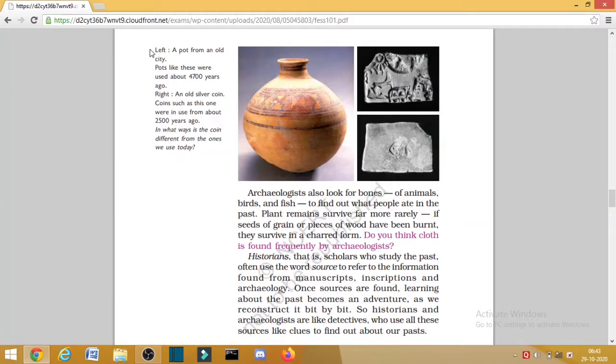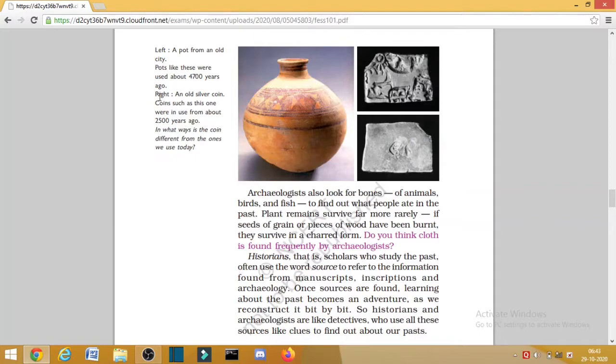Here, above this page, we find two pictures. First, on the left side, a port from an old city. Ports like these were used about 4,700 years ago.